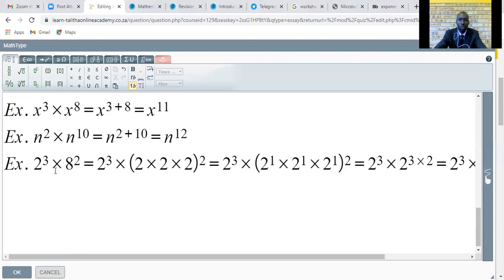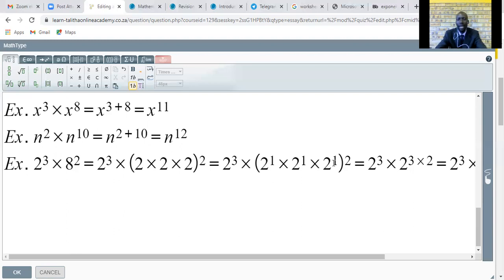And so we saw that 8 can be written as 2 times 2 times 2. Now notice 8 is having a power of 2, and so we had to place the 2 outside the bracket, so that the 8 now broken into 2 times 2 times 2 stays inside the bracket. And then in the next step, we still write the first term the way it is, which is 2 power 3, then times. Now this 2, 2, 2 can be written as 2 with exponent of 1 and 2 exponent 1, then 2 exponent 1.